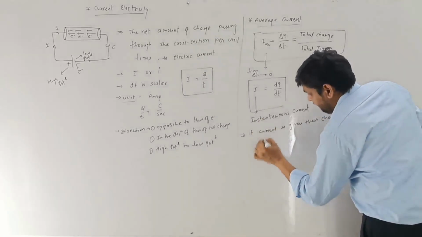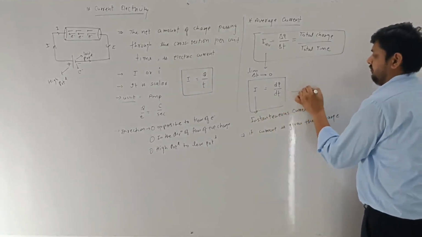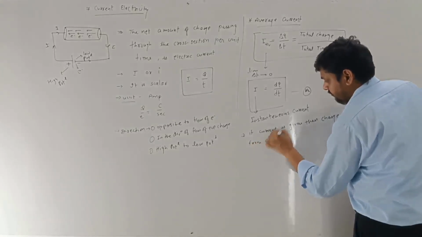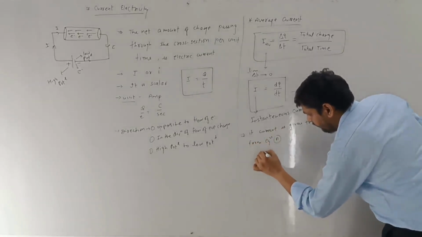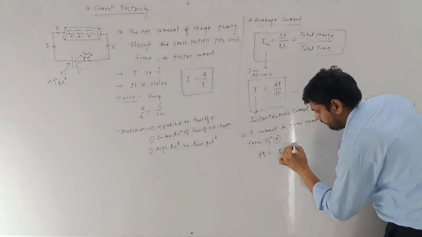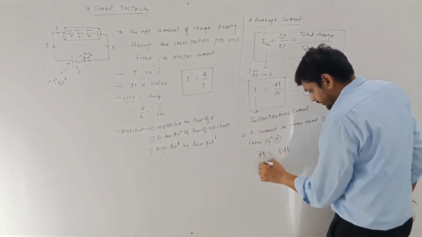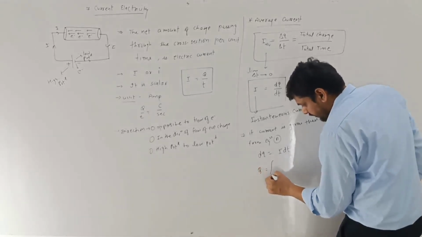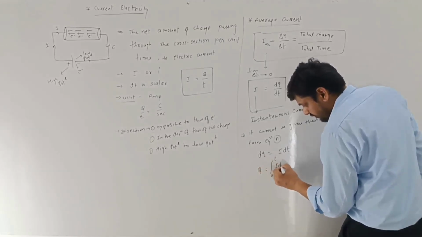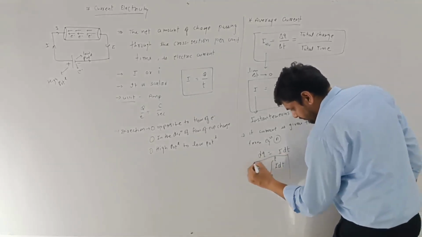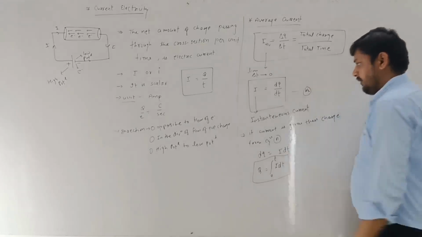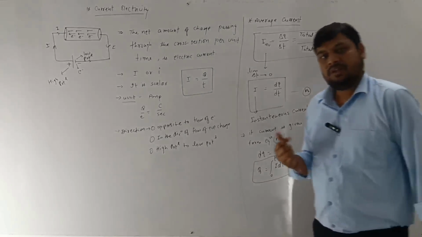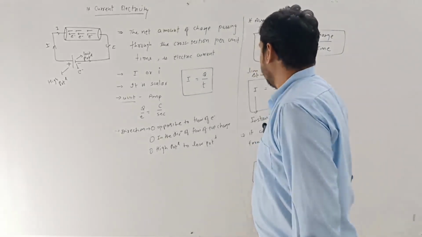We know from equation A, dq is equal to I dt. If we integrate this, then the total charge is q equals the integral from 0 to t of I dt. By using this formula, we can calculate total charge if the value of electric current is given in any equation.